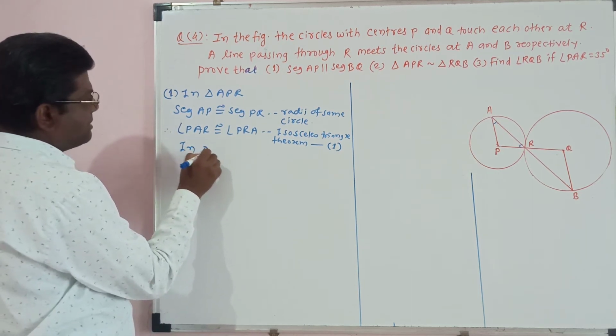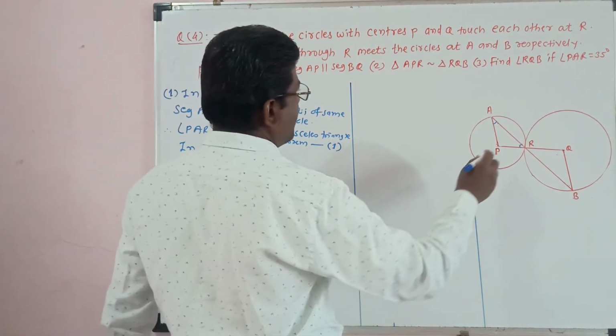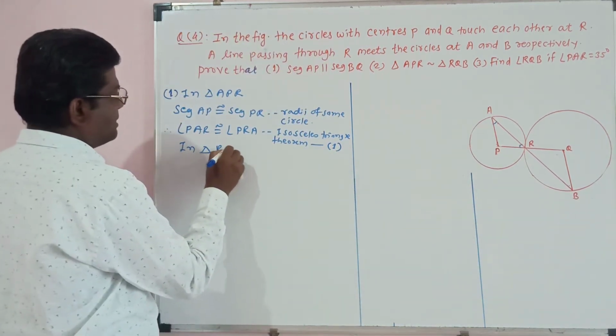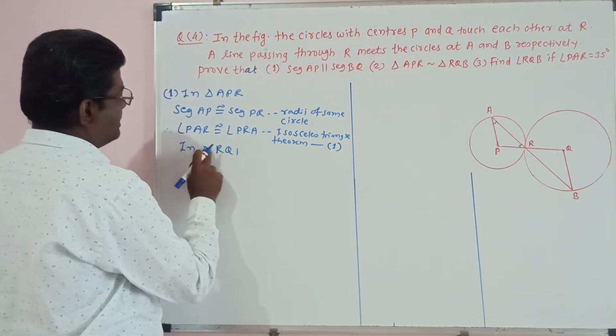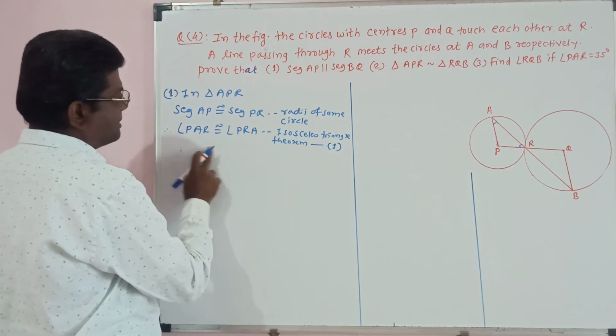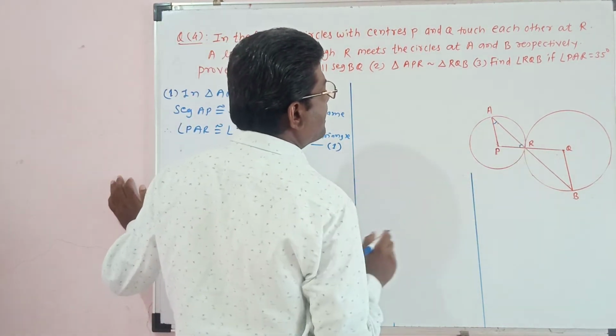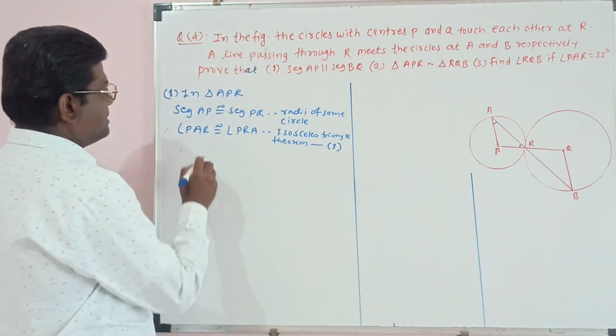Now consider triangle RQB. In triangle RQB, these two angles are vertically opposite angles.